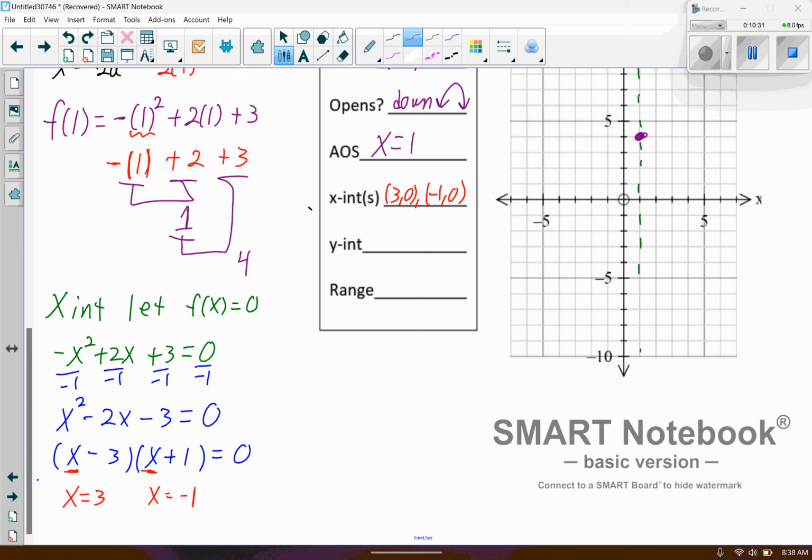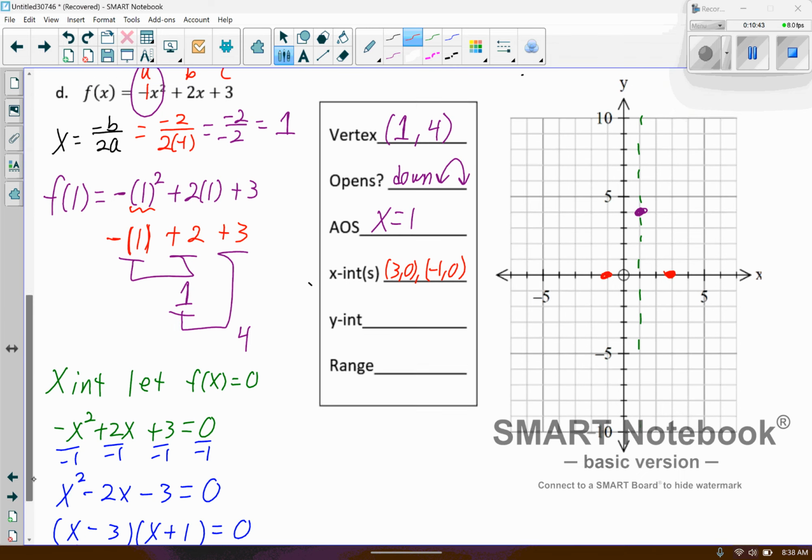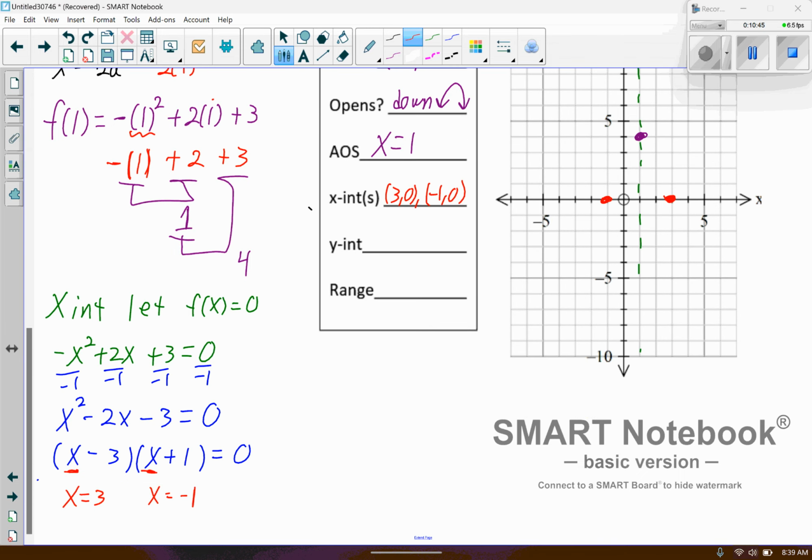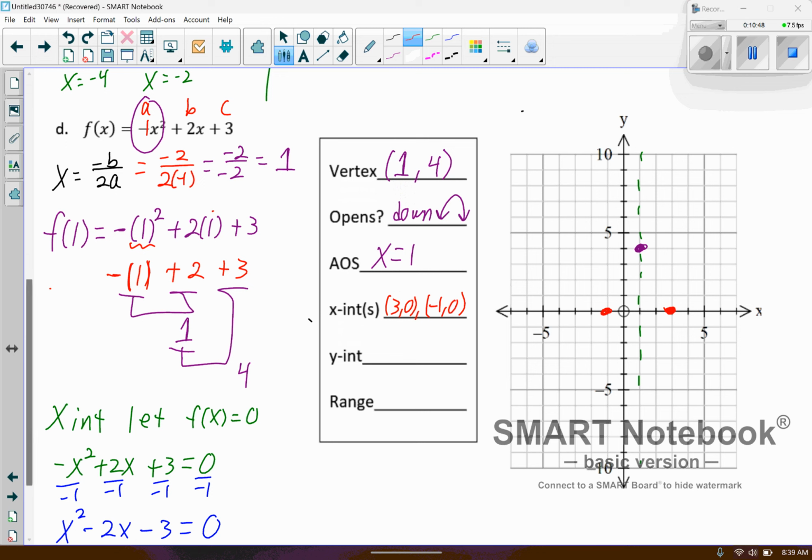I'm going to go ahead and plot those points. 1, 2, 3 right there, and negative 1, 0 right there. For my y-intercept, that should be pretty simple. It's just going to be that 3 right there, because when I do f of 0, everything zeroes out except for the 3 on the back end.